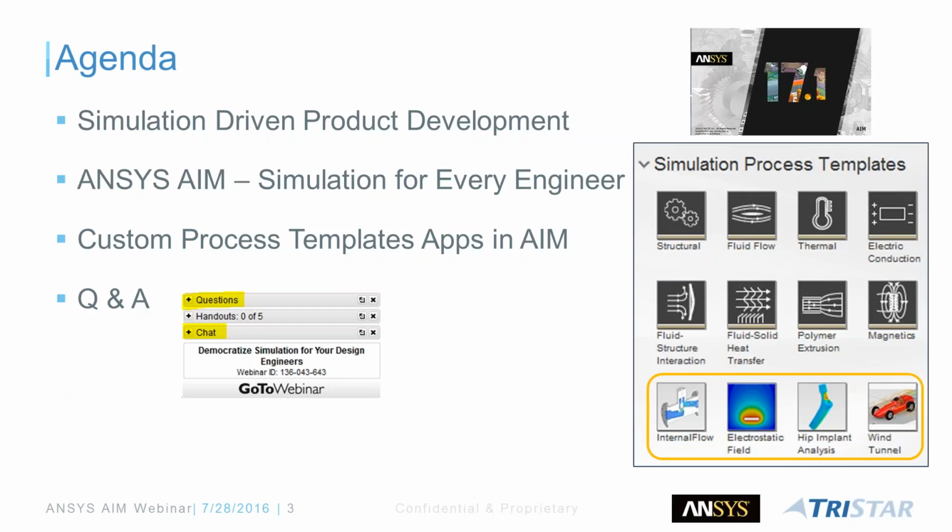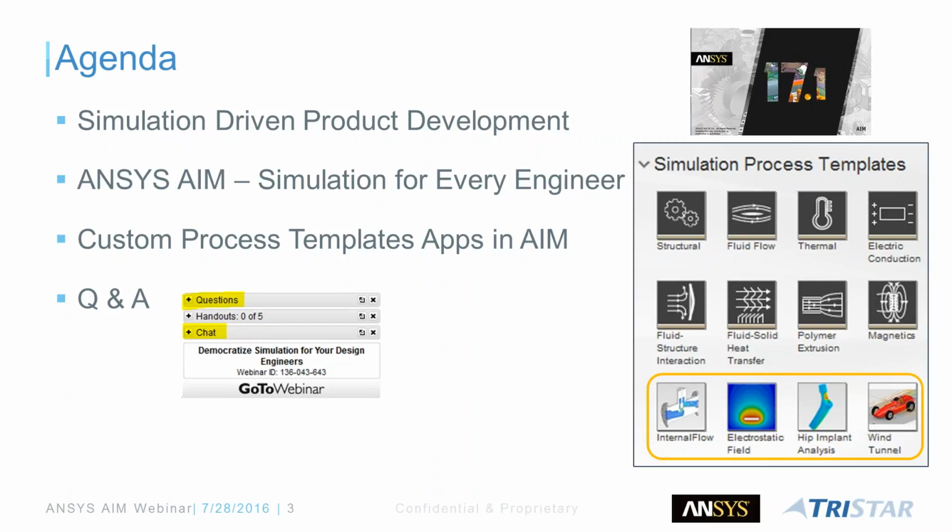That said, from an agenda standpoint, we've been doing quite a few ANSYS webinars, so today I thought of focusing more on the custom process templates, how that's done, and how you're able to enable it within ANSYS. ANSYS does come with a default set of process templates out of the box, but in your company, the simulation expert, if there is one, could set it up for you, or you could set it up on your own.